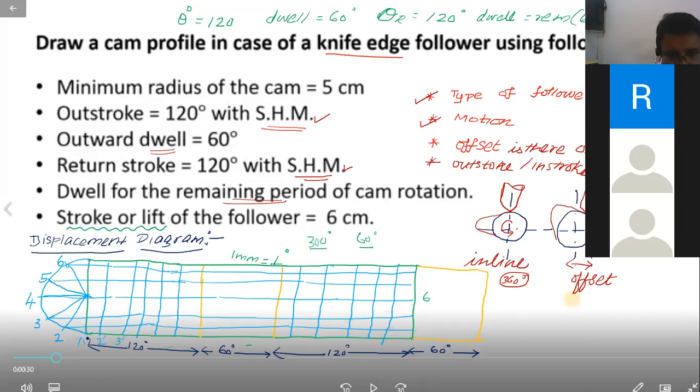Here 1 dash will be the same point. 4 dash, 5 dash, 6 dash. Okay, like that.